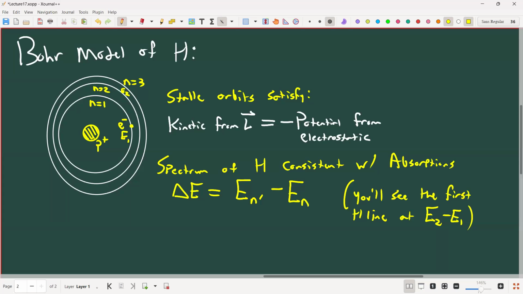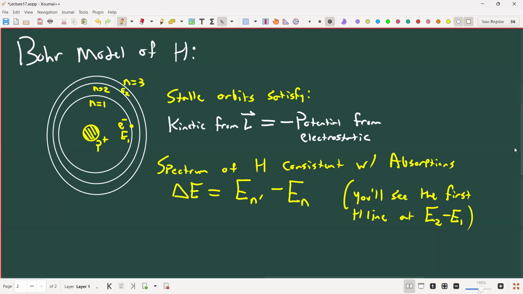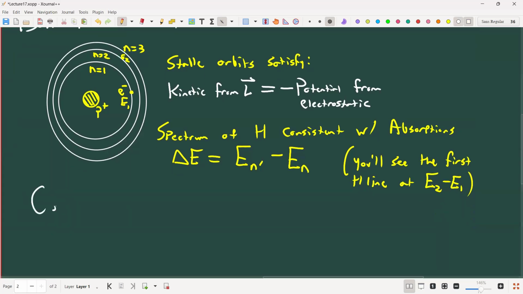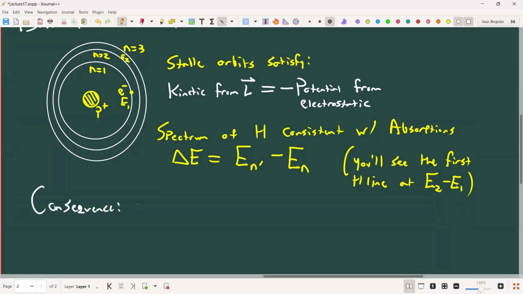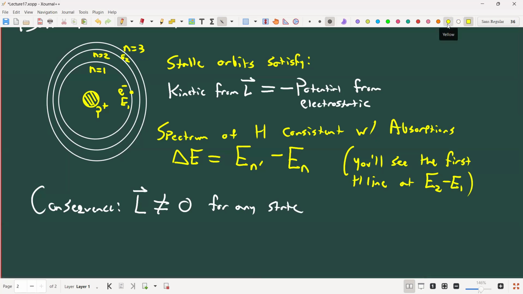The electron always has to have angular momentum. So the consequence of Bohr's model is that L cannot be equal to zero for any state, because you always have to have kinetic energy. And we've already shown that that's not true.